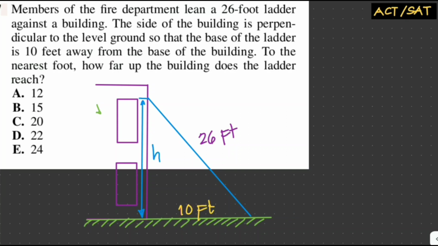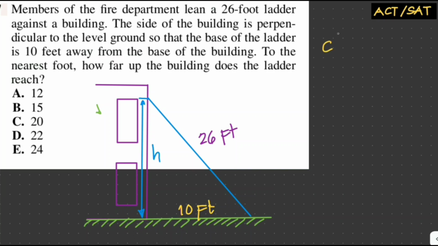And we need to find the height of the building to which the ladder reaches. So let's say the height of that part of the building is equal to h. Since it forms a right triangle here, then we can use the Pythagorean theorem.